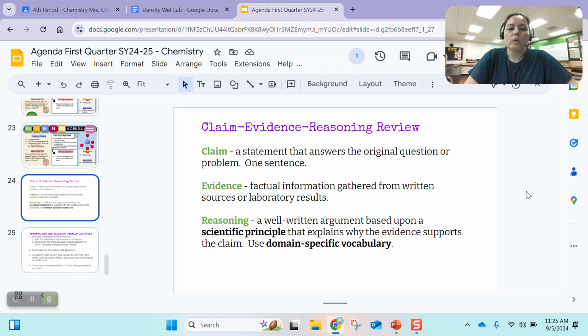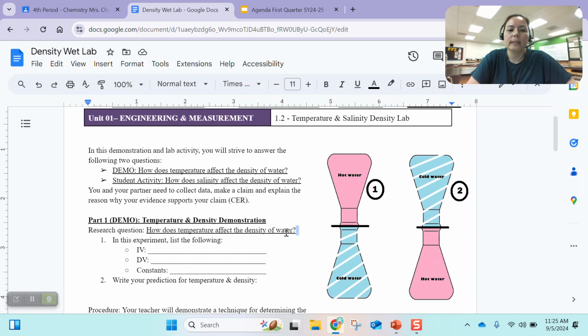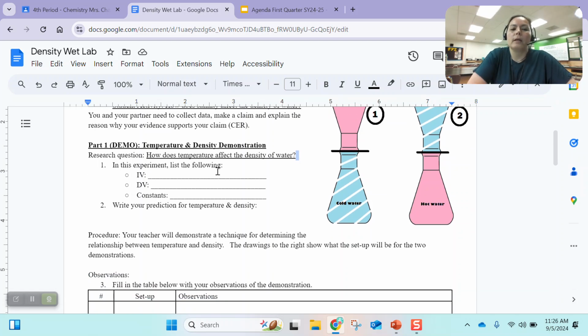Okay, so going back to our lab and keeping this CER in mind, or the reasoning most especially, you're going to collect data, make a claim, and explain the reason why your evidence supports your claim. Okay, so part one is looking at how temperature and density are related.